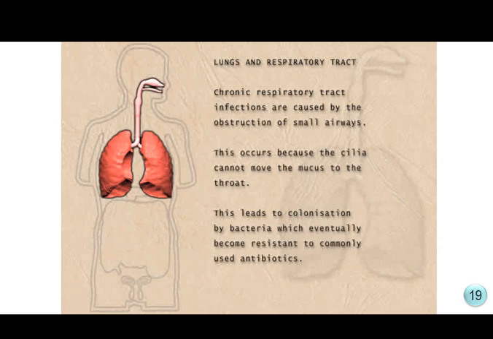Or any kind of GI abnormality, but that won't cost your life. But if you have something clotting your airway, you cannot breathe. That's something very serious. So the lung and respiratory tract.